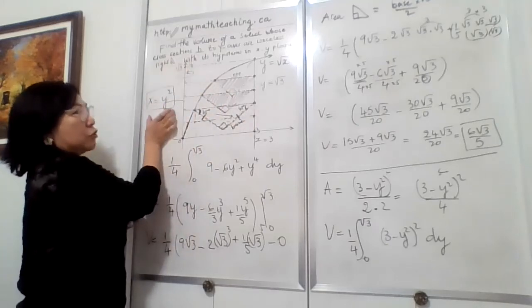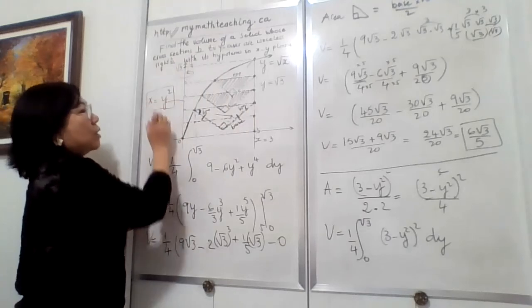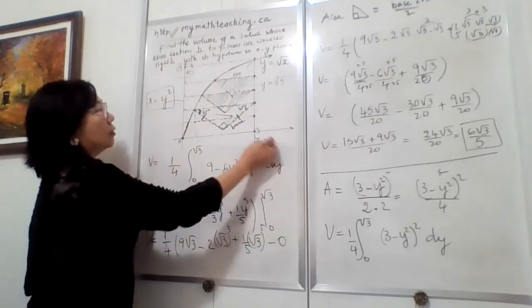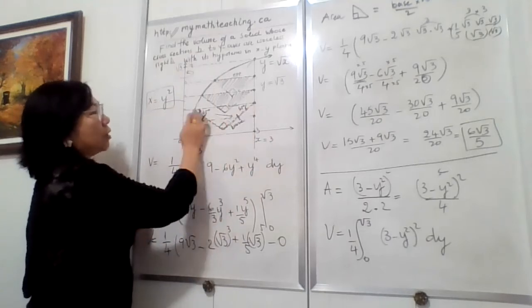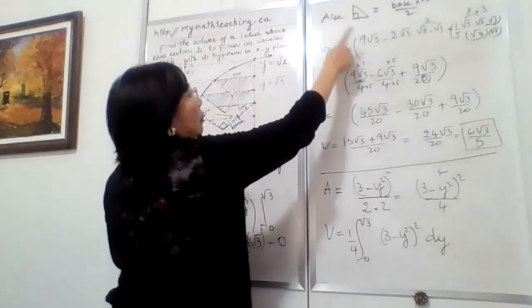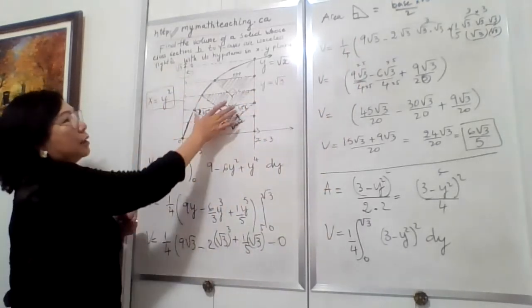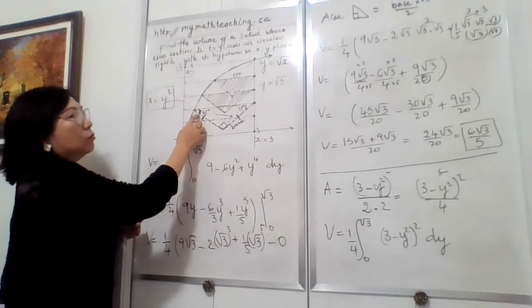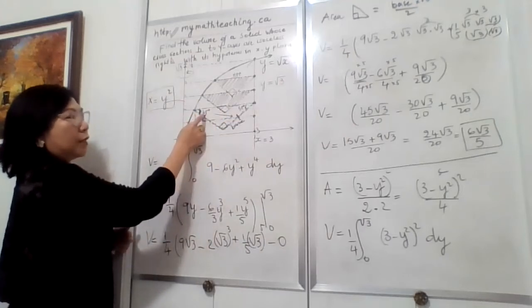So we reverse the function, right? So this function is x equals y squared, and this function is x equals 3. So we subtract this from this, which is our hypotenuse, equals 3 minus y squared, right? 3 minus y squared.